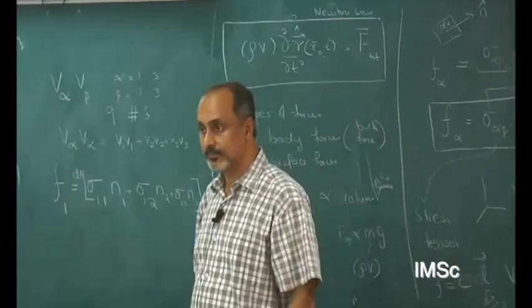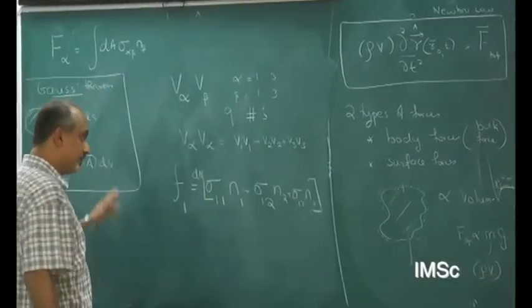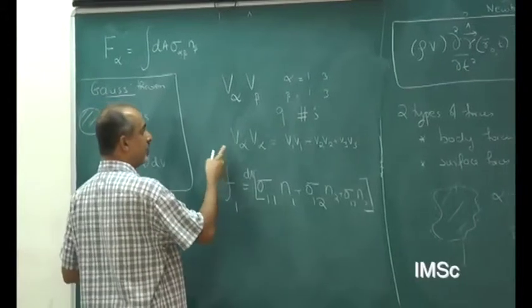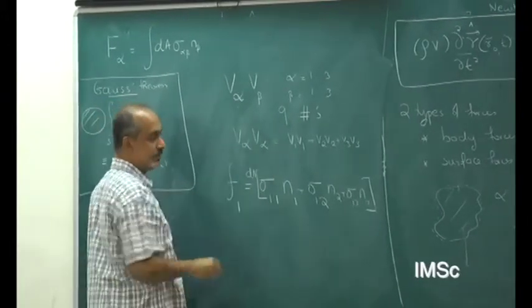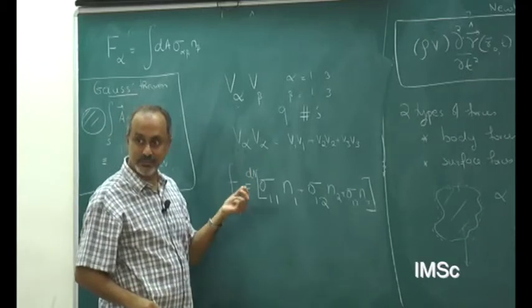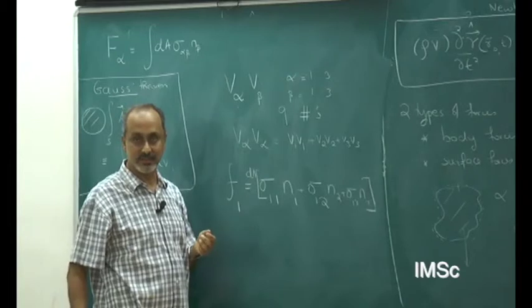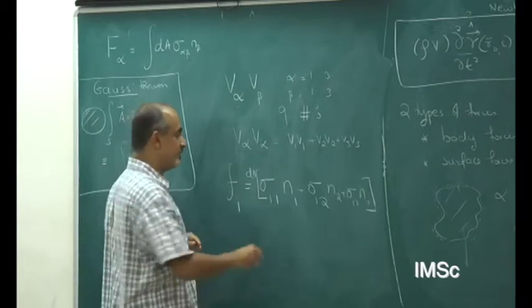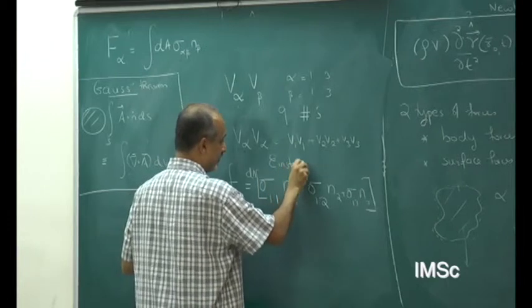I could also write this in terms of summation notation. But this way of just saying that whenever I repeat an index, that is the same as summing over it, is called Einstein's summation convention. It comes from a very famous person.